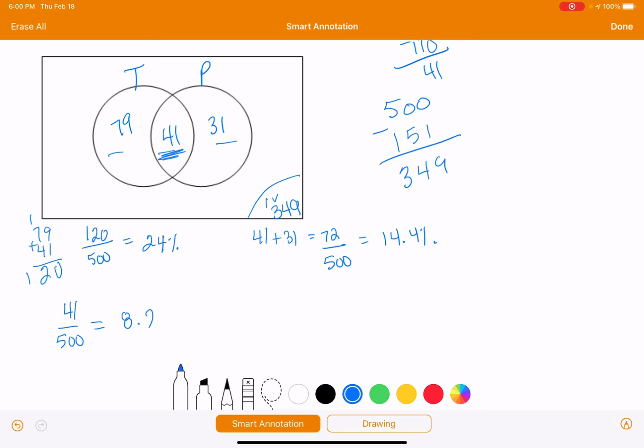Do the math and you get about 8.2%. And then how many have neither? That's that 349 out of 500. And this is where we divide, and once we get our number there, we multiply by 100 and we get 69.8%.